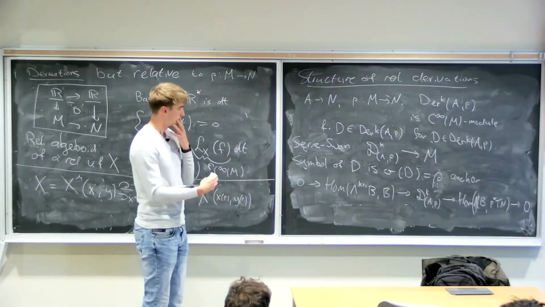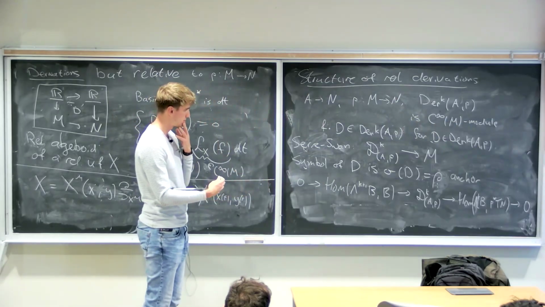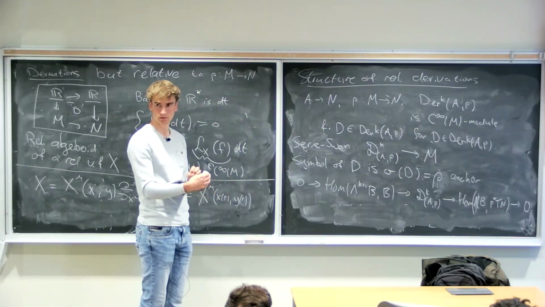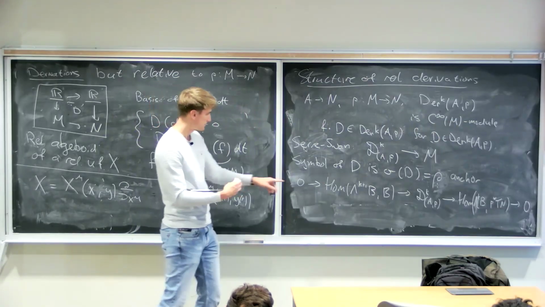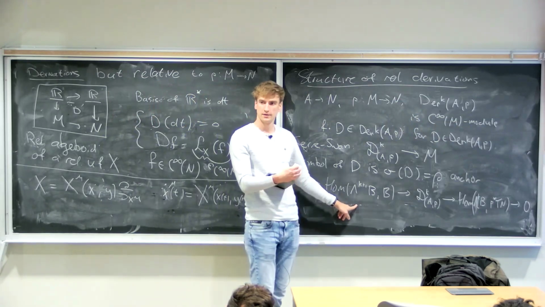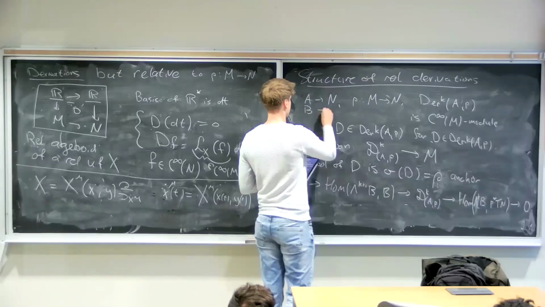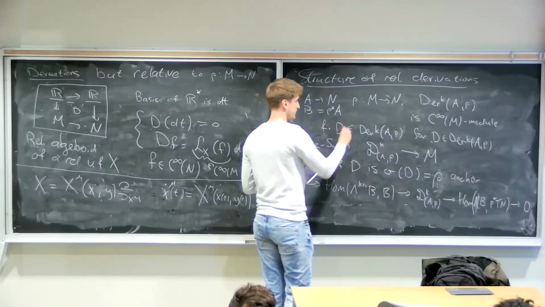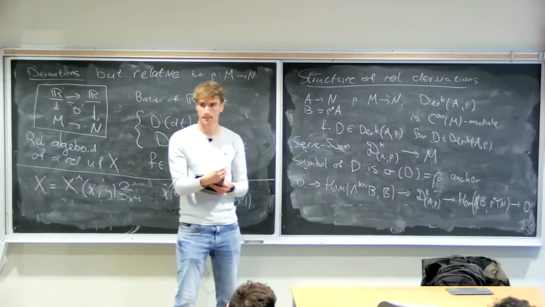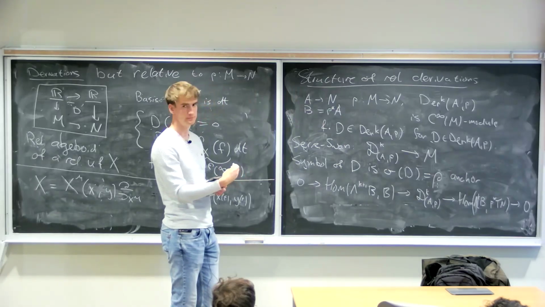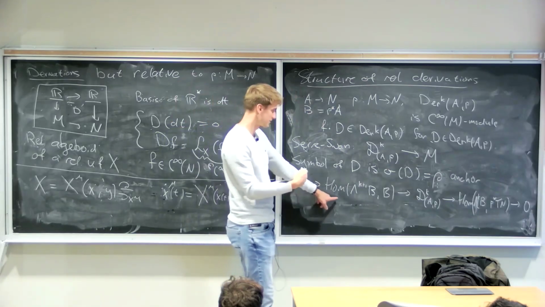The pullback of what? This part. P is the pullback of A, is that correct? Yes, P pullback of P is already the P star of A. So in fact, the kernel is a pullback.